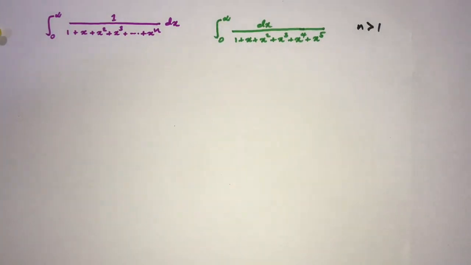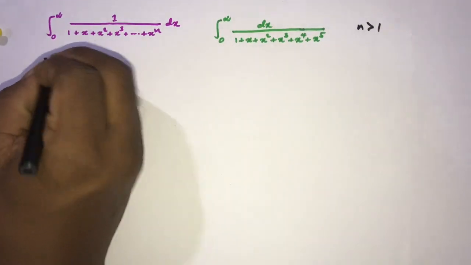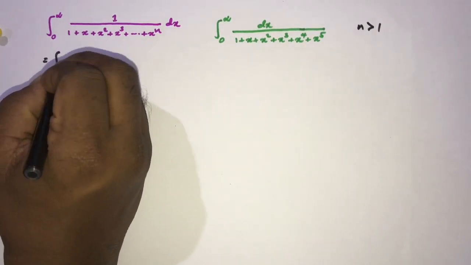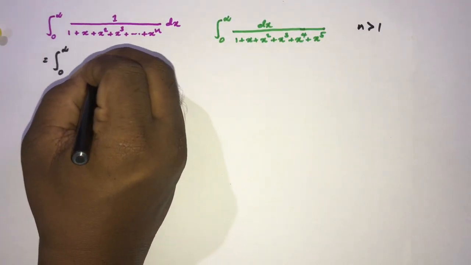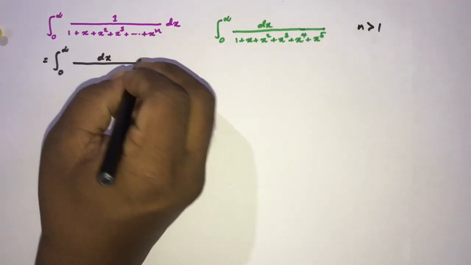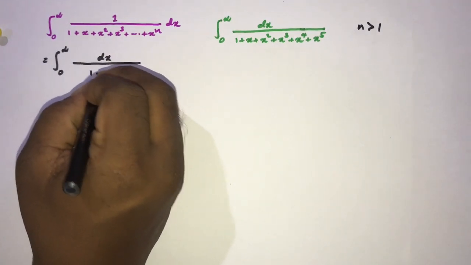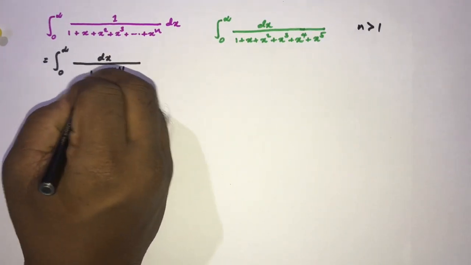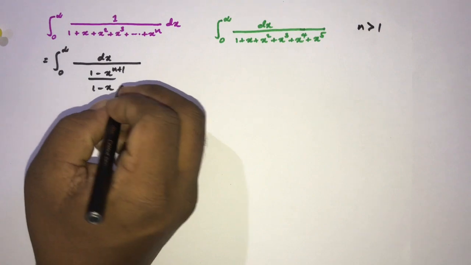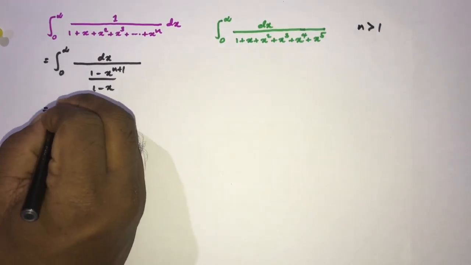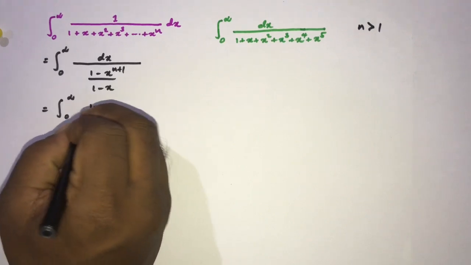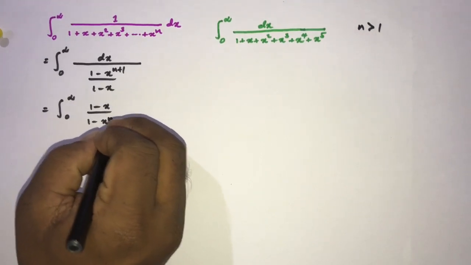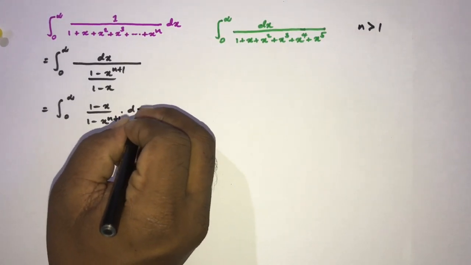First of all, in the denominator we have a geometric series, so we can simplify: the integral dx over (1 minus x to the n plus 1) over (1 minus x), which is the integral from 0 to infinity of (1 minus x) over (1 minus x to the n plus 1) dx.